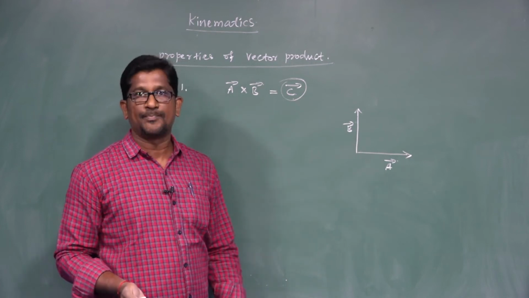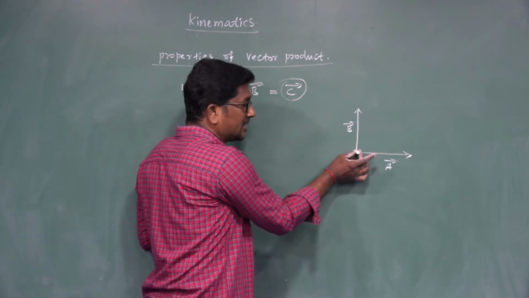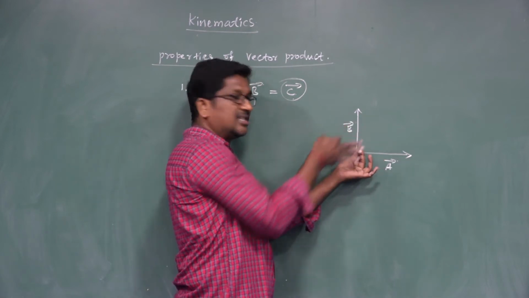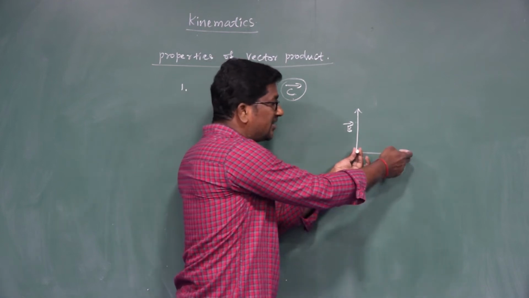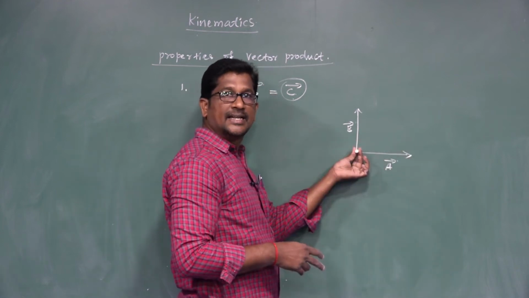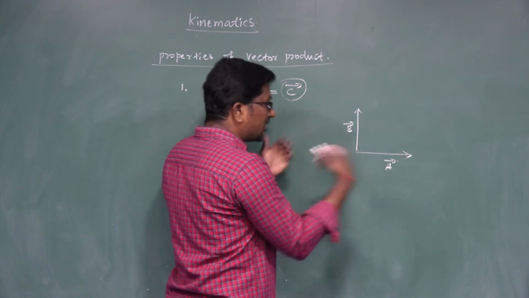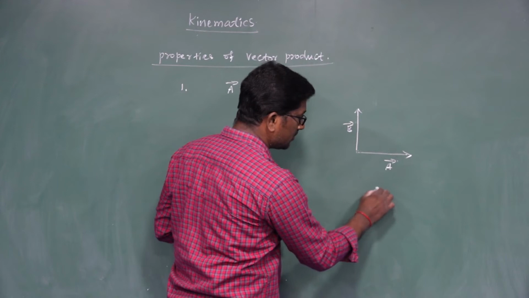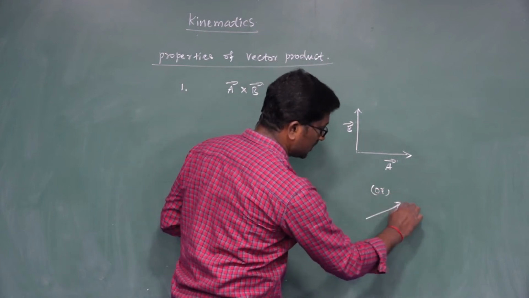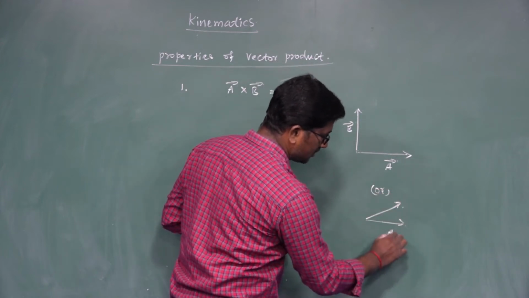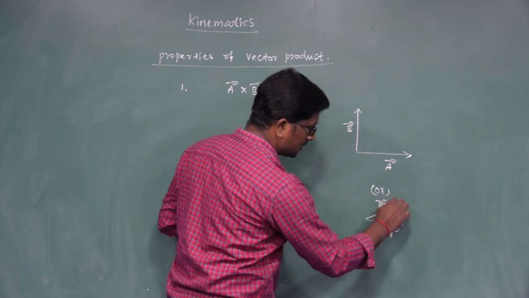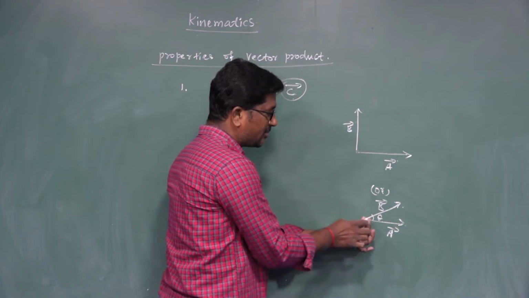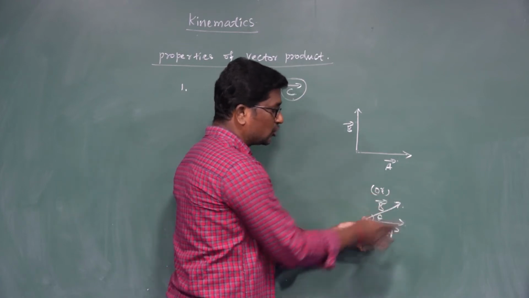Orthogonal means perpendicular. So suppose the C vector is acting in this direction, the angle between C vector and B vector is 90 degrees, and the angle between A vector and C vector is also 90 degrees. Even if the A vector and B vector are mutually orthogonal, or suppose they are acting in this direction instead, the direction of the C vector is perpendicular to B vector and perpendicular to A vector.